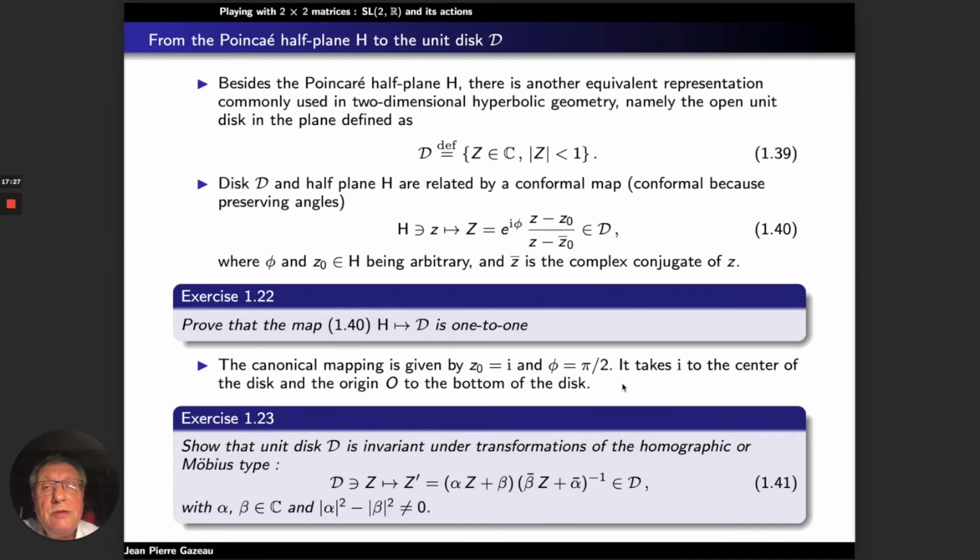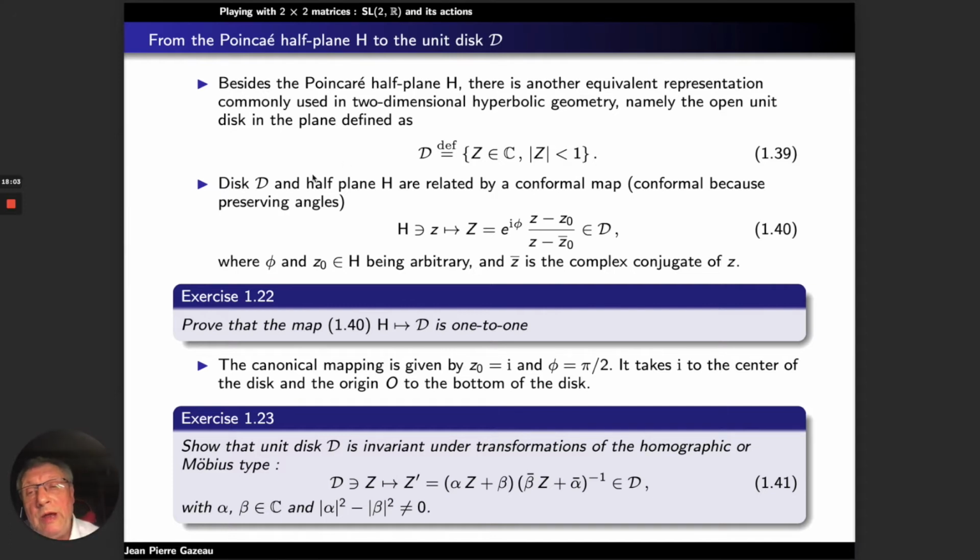So, besides the Poincaré half plane H, there is another equivalent representation commonly used in two-dimensional hyperbolic geometry, namely the open unit disk in the plane, defined as the set of complex numbers with modulus strictly smaller than 1.